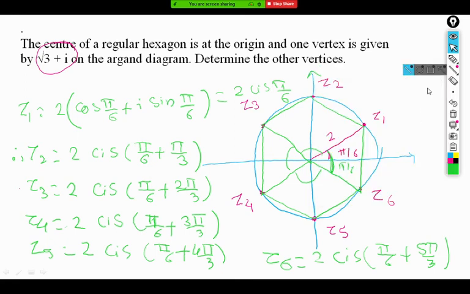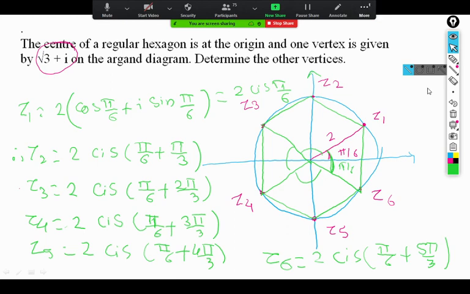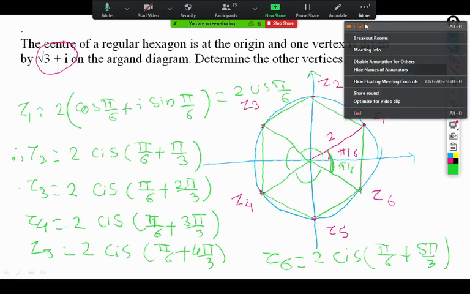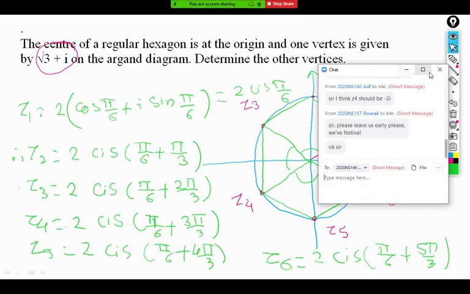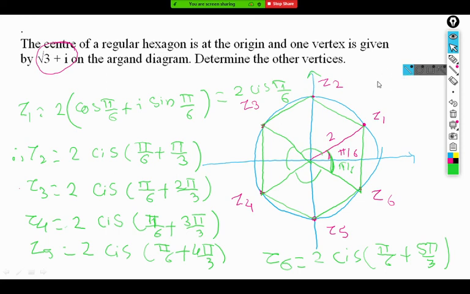Any doubt here? This is the other method I'm saying. You can do it by any of the ways; both are the same. The second method I have written here is actually the solution given in the book. This is a simple method.